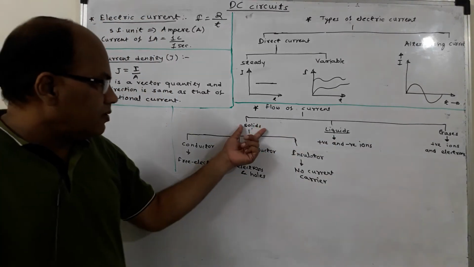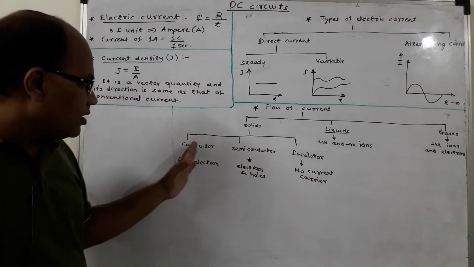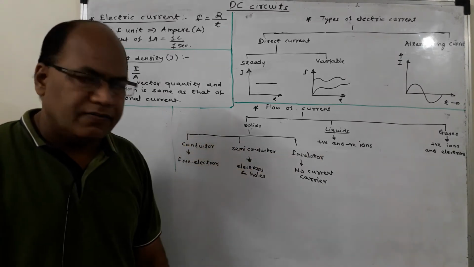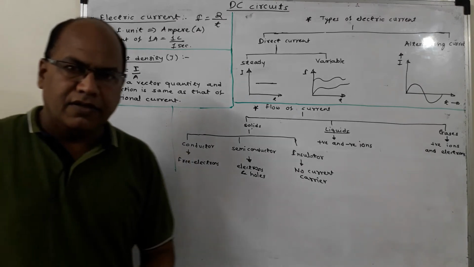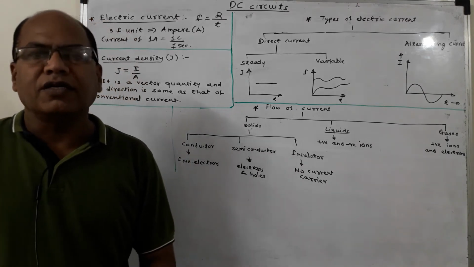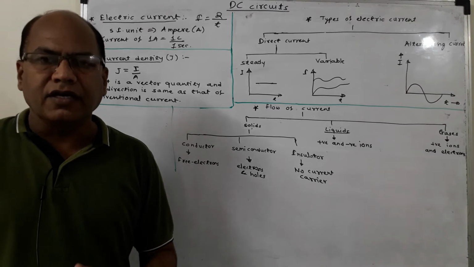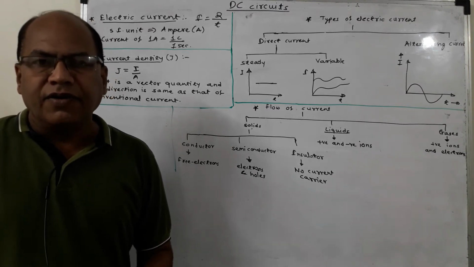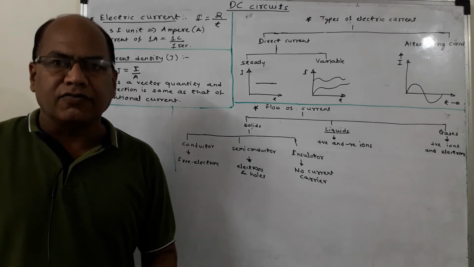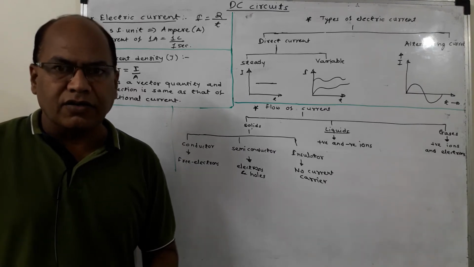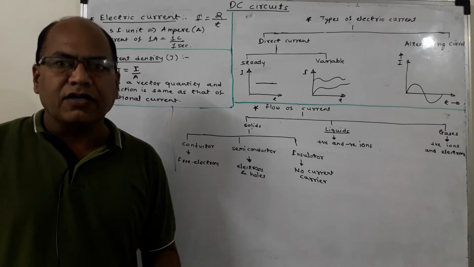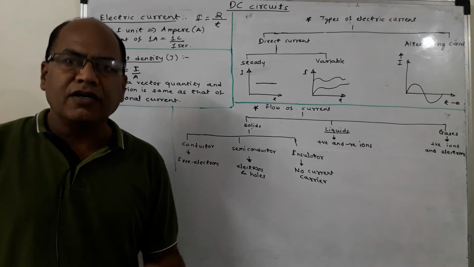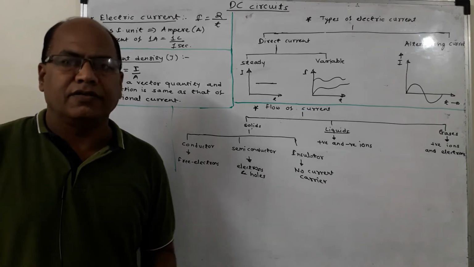Now solids are classified into three types: conductors, semiconductors and insulators. Conductors. Now conductors are those materials in which there are a large number of free electrons. A free electron is an electron which is also called a valence electron, which is the electron existing in the outermost orbit and is very loosely bound to the nucleus.